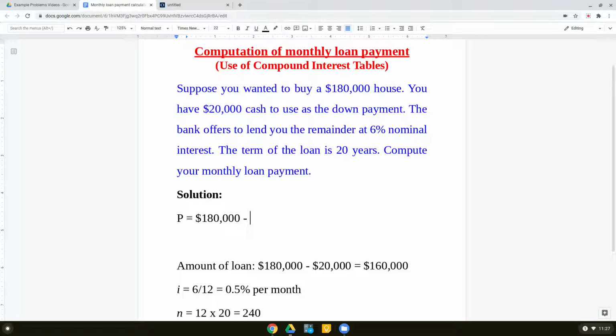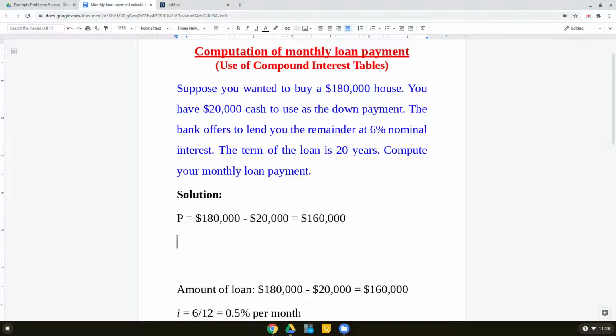So that should not be in your loan calculations. You need to subtract $20,000 from the house price, which is equal to $160,000. So that's one number. It's the P value. The present value of the loan is $160,000.